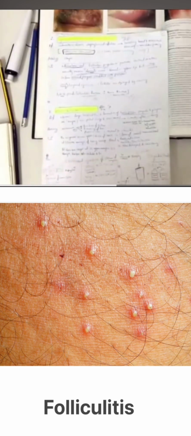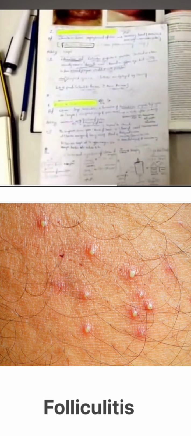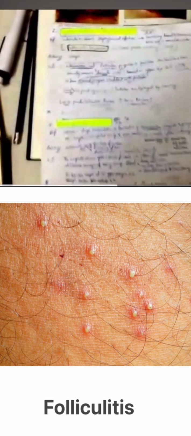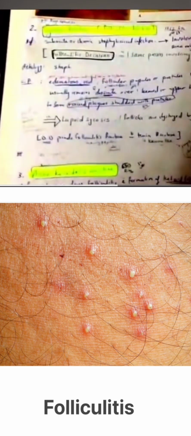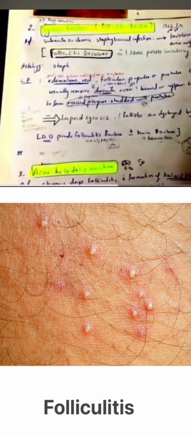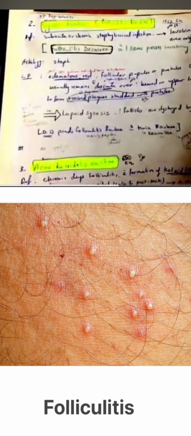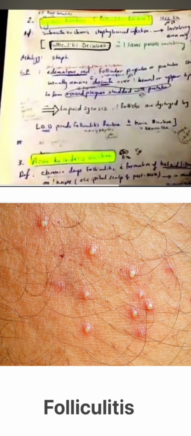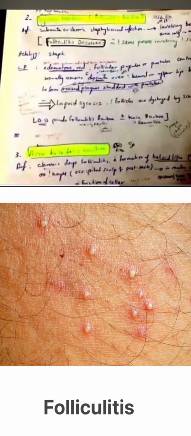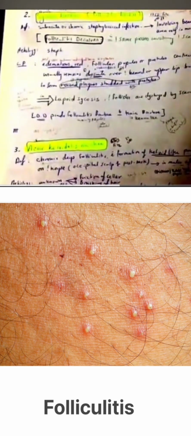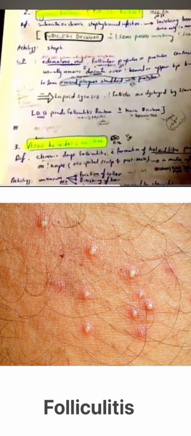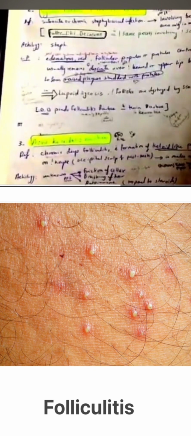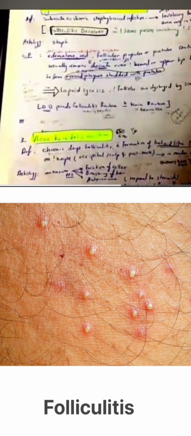Sycosis barbae and acne keloidalis nuchae are deep folliculitis. Sycosis barbae, or folliculitis barbae, is a subacute or chronic staphylococcal infection involving the beard and mustache, occurring in men after puberty. Folliculitis decalvans is the same process involving the scalp.